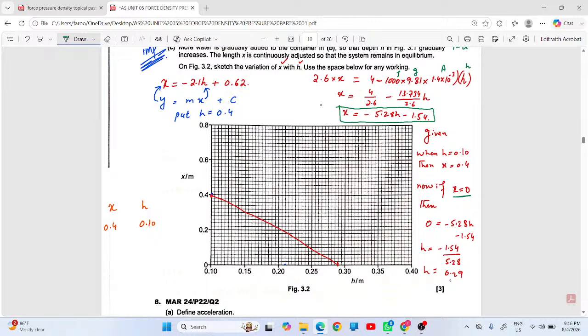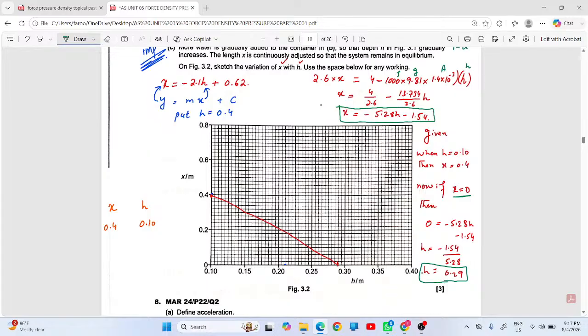So the answer is 1.54 divided by 5.28. तो आंसर क्या आएगा 0.29.